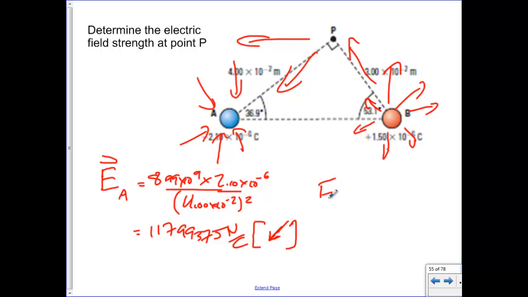So, then I also want to do the field strength for the red ball, so it's the exact same stuff. Only this was 1.5 times 10 to the minus 6. And is that 3 times 10 to the minus 2? 3 times 10 to the minus 2 squared. What is that, 1.50 times 10 to the minus 6?